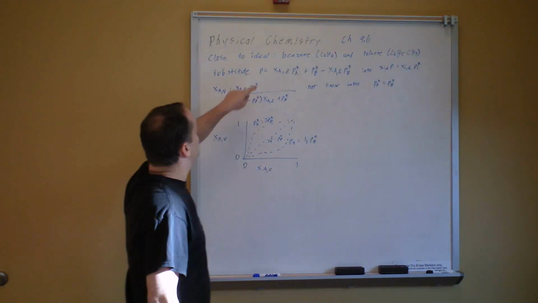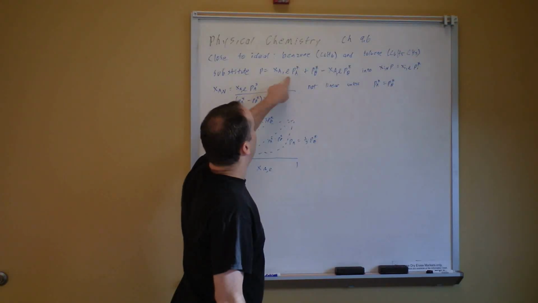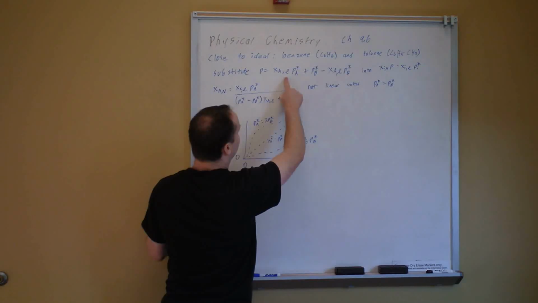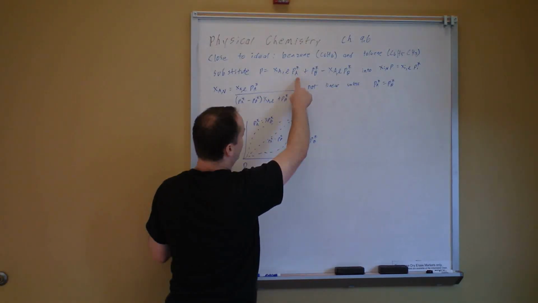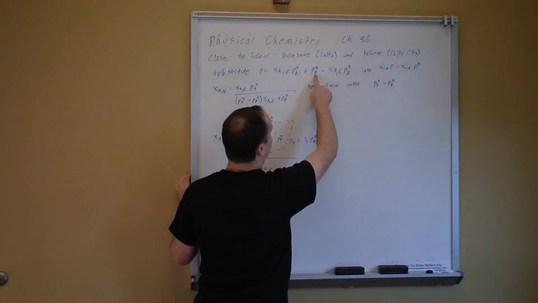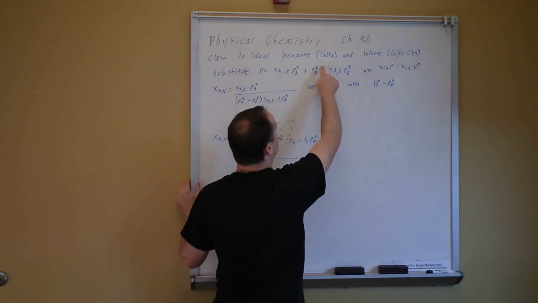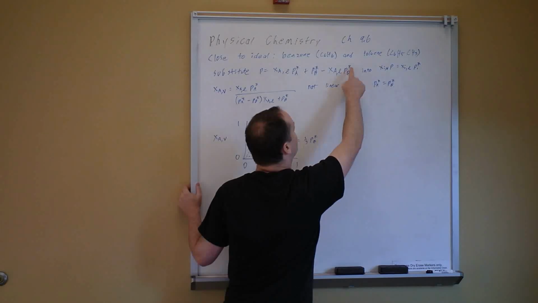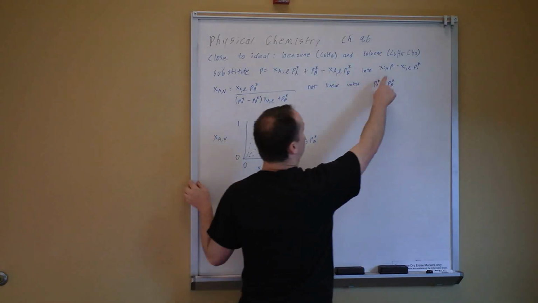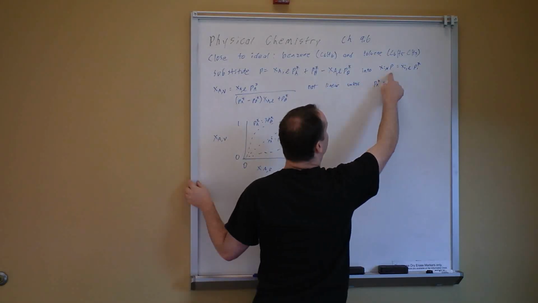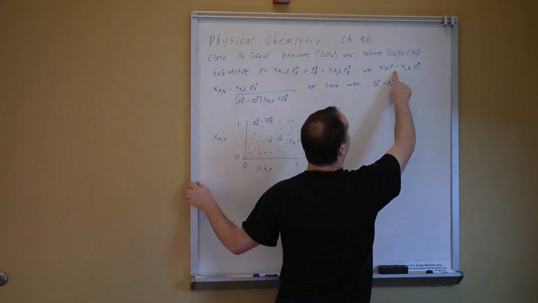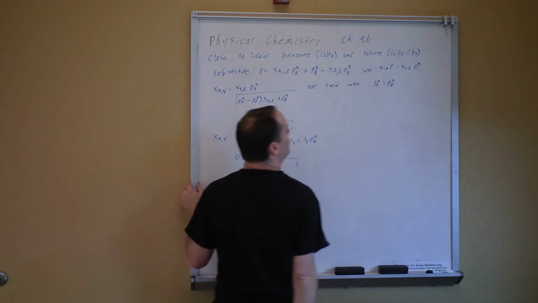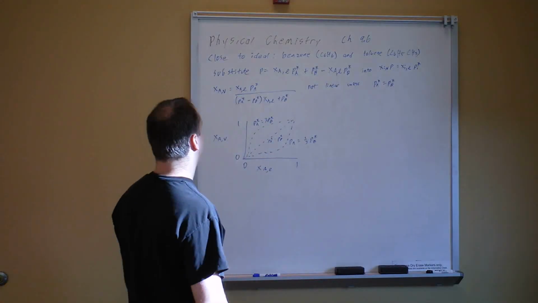So substitute P equals XAL times, let's read this correct. The pressure is equal to mole fraction of A in the liquid phase times the pressure of A unmixed plus the pressure of B in the unmixed phase minus the mole fraction of A in the liquid phase times the unmixed pressure of B. And we're going to substitute that into the mole fraction of I in the vapor phase times the total pressure is equal to the mole fraction of I in the liquid phase times the pressure of I unmixed.